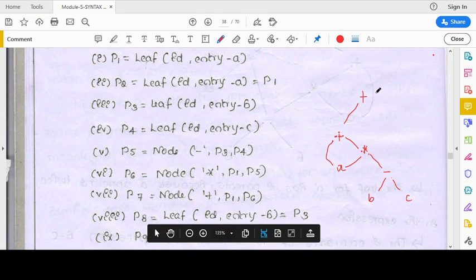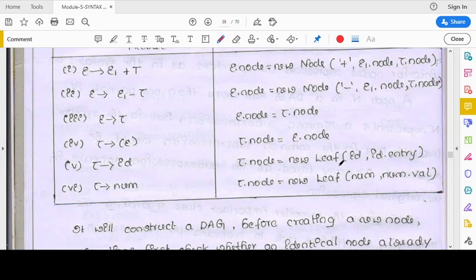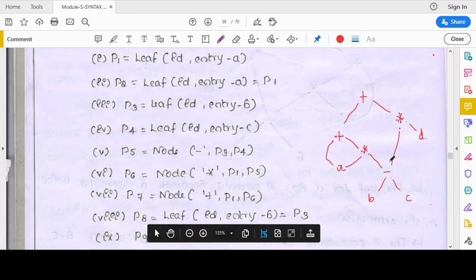And on the other case, right child of plus was star, and left child of this star was B minus C, and the right child of star was D. Let me check. So it's the same case, I guess. So plus star B minus C, and it was D, right?